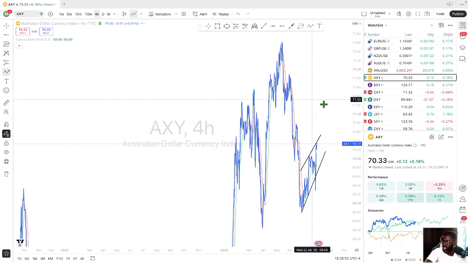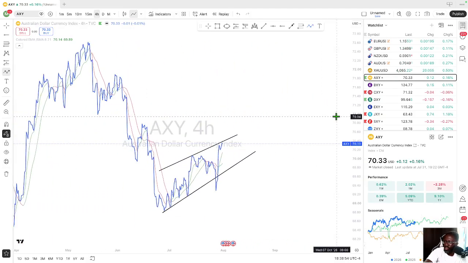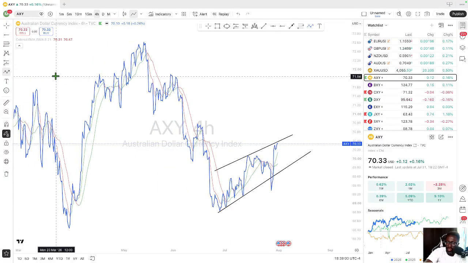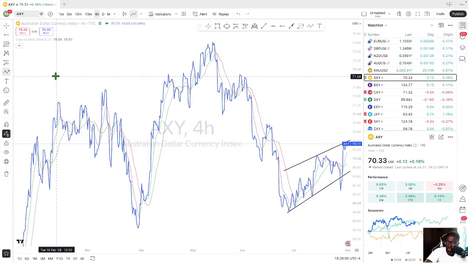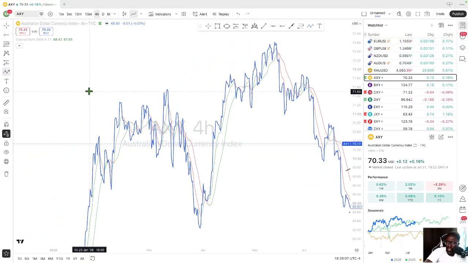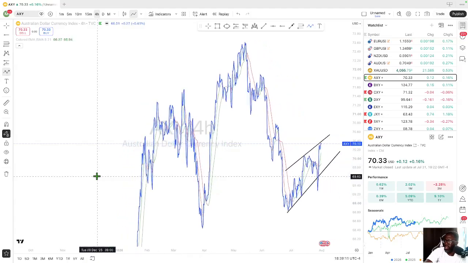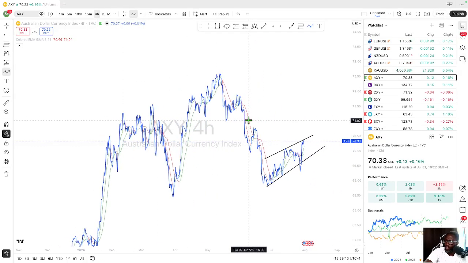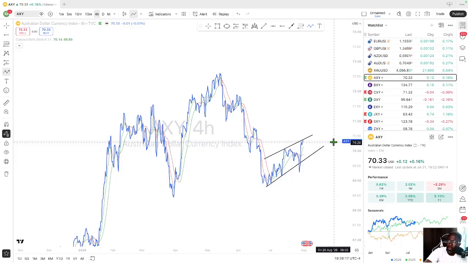And Australian dollar, it's weakish, looks like a flag pattern forming. Since January, it's been, that's May. This is when I said that it might be forming a head and shoulders pattern. So we'll see, but this one might be pushing up a little bit.